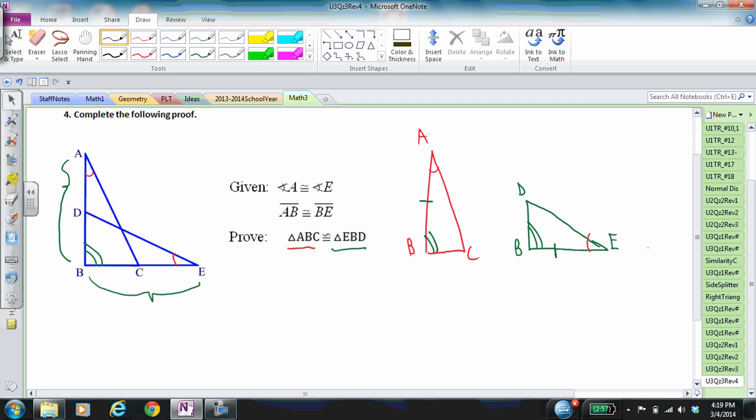So I'm going to use a paragraph proof again just to save space. If you want to rock the two column, that's great. Each sentence will correspond to a row in your two column proof.